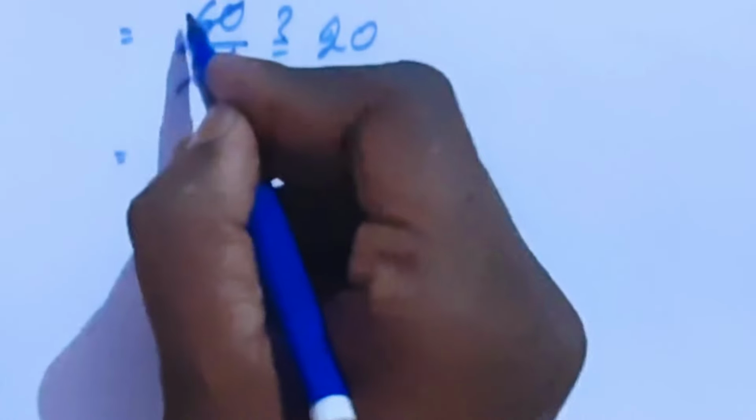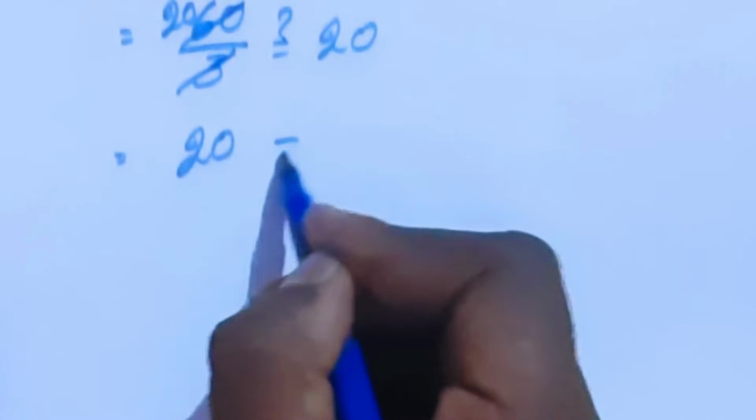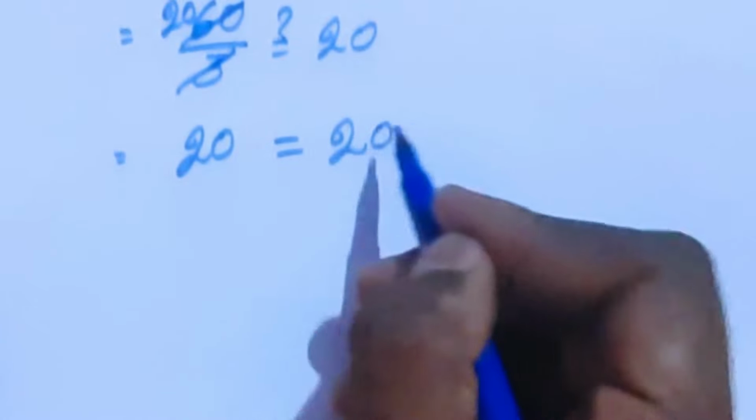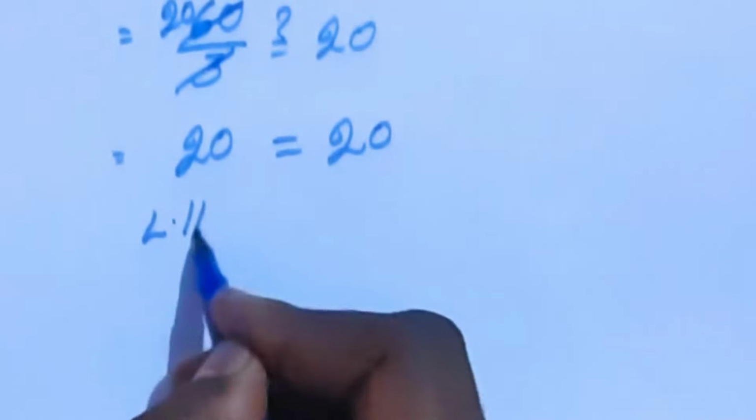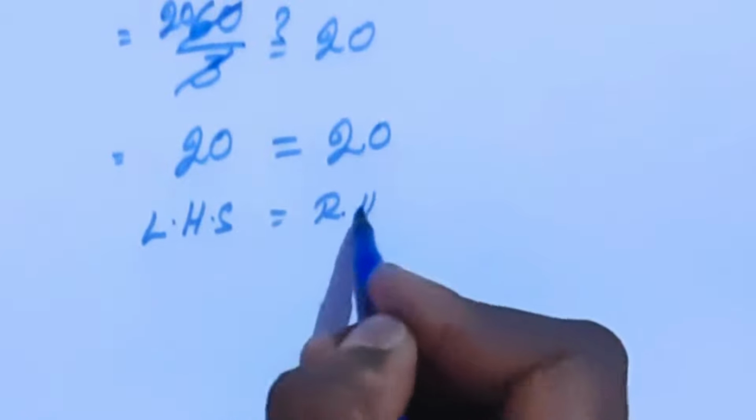So simplify this, we'll get 20 here. So 20 is equal to 20. So LHS equal to RHS.